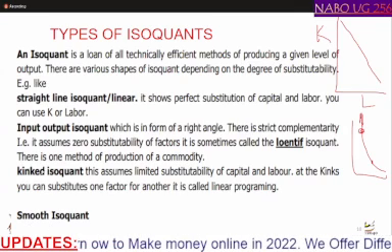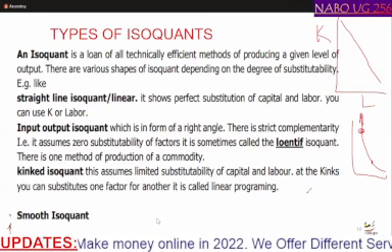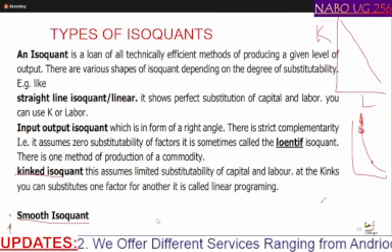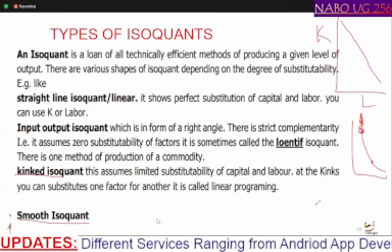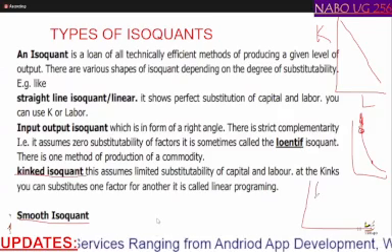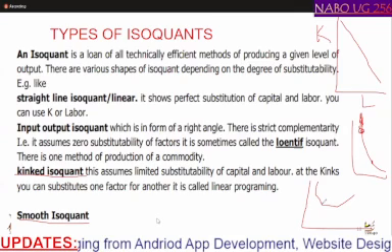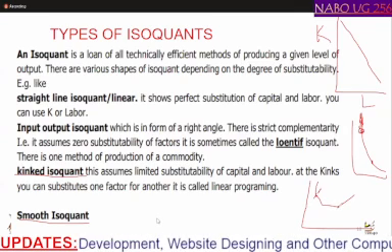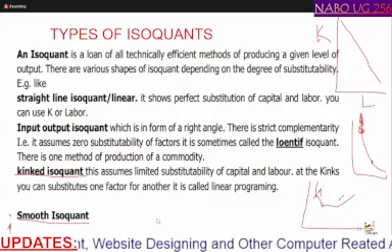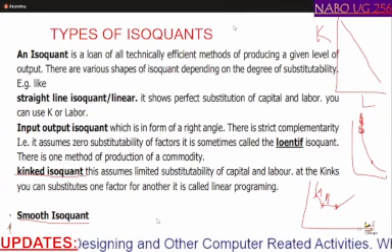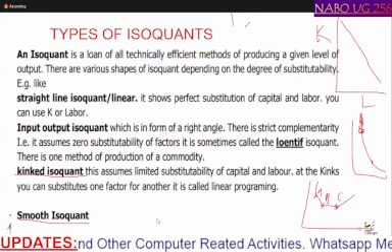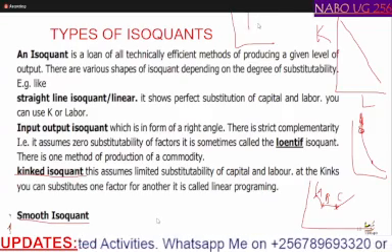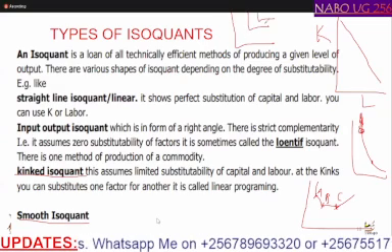There is also what we call a kinked isoquant. It has various kinks, this kind of form. It is used in linear programming. There is also what we call the input-output isoquant. It is arrow-shaped like this. There is one fixed combination you can use to produce a product.